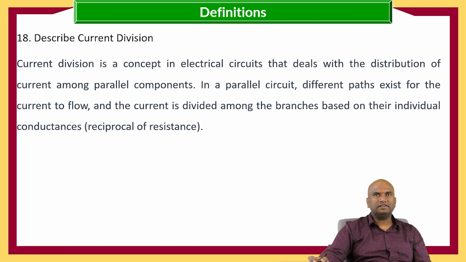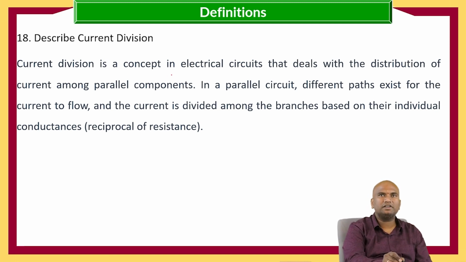Describe current division. The current is divided when the elements are connected in parallel. Current division is a concept in electrical circuits that deals with the distribution of current among parallel components.